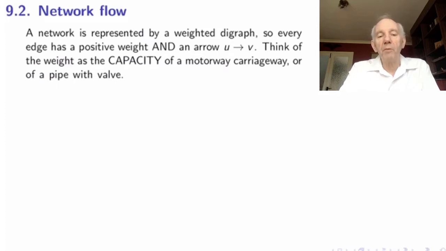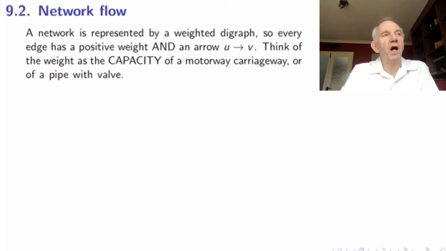Now the number we assign to the edge, we're thinking of this as a sort of network. So it might be a network of roads with traffic flow, or a network of pipes with gas flowing in the pipe and so on. But the important thing in the mathematical setting is that each edge has a direction. So the flow can only go one way along the edge, or along the pipe, whatever it is.